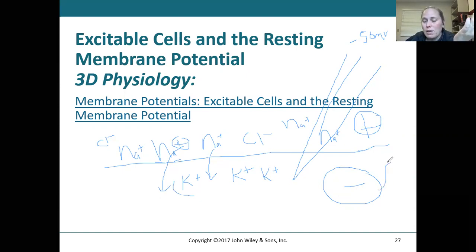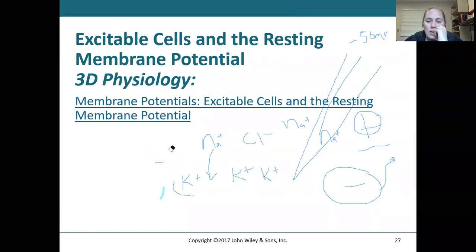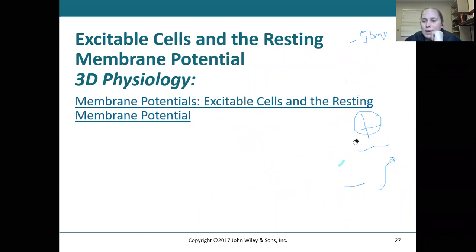So not as negative, a little bit more positive, just a little. But again, we're going to talk about this numerous times. When we talk about resting membrane potential, we're talking about the cell when nothing is happening. And the resting membrane potential is generally negative, again, because you've got far more salts outside of the banana than potassium inside the banana.